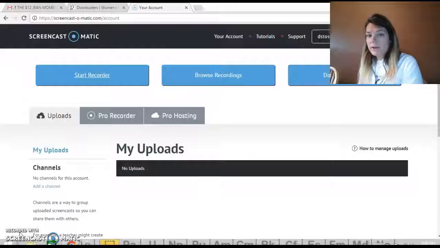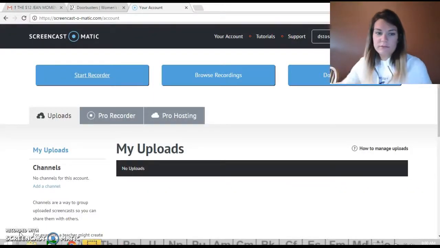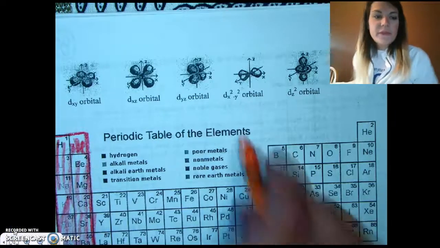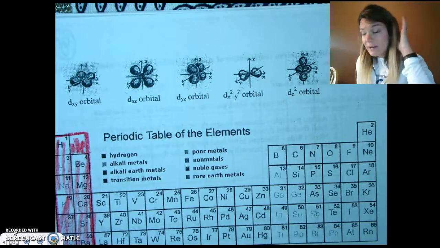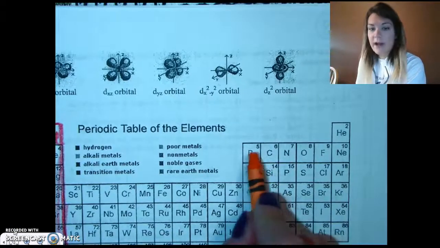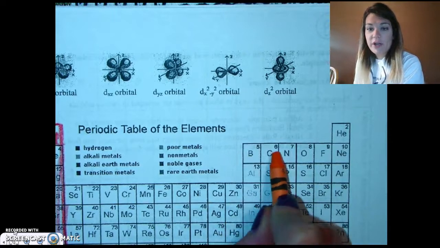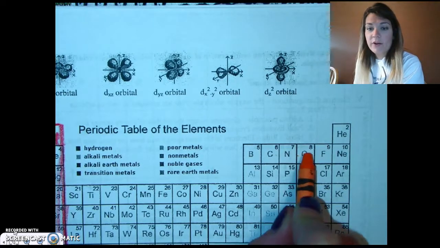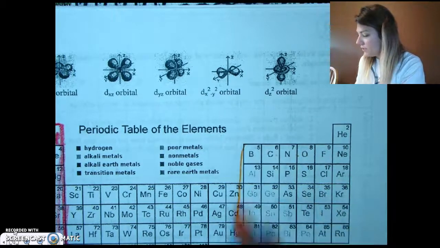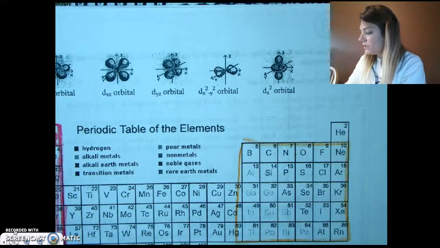And look at the way that the periodic table is set up: if I look over at this block, I have 1, 2, 3, 4, 5, 6 possible places where those electrons could be located. So we're going to call this the p block.